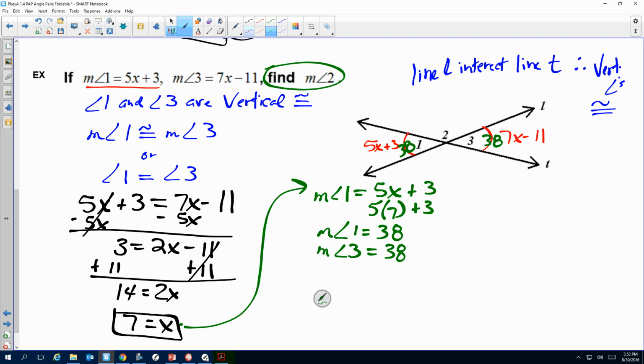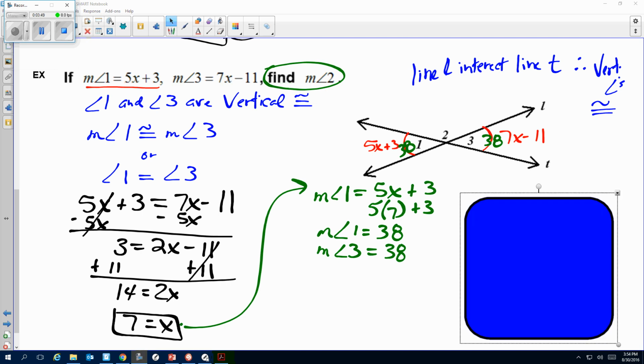And then we're going to talk about how to find angle 2. So whenever lines intersect, yes, you have congruent angles with vertical angles, but you also have, and I'm going to see if this helps some of you, let me pause just a second and fix this.